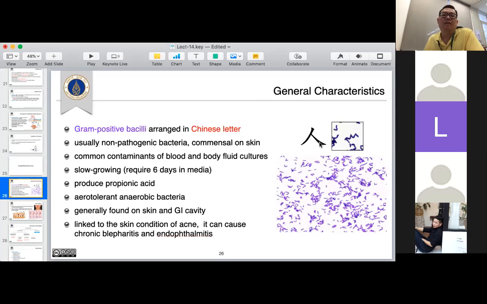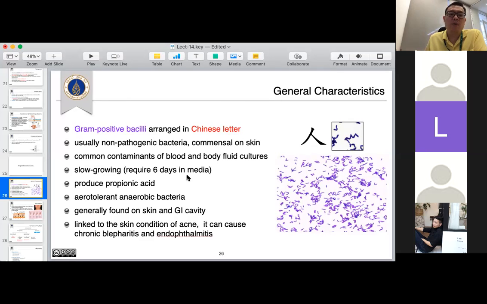The same thing. This one is usually a non-pathogenic bacterium and a commensal on skin. It is a kind of first line defense of your body, part of the innate immune system. But if they overpopulate or live in the wrong places, they might cause disease. Mostly skin infection or GI tract.